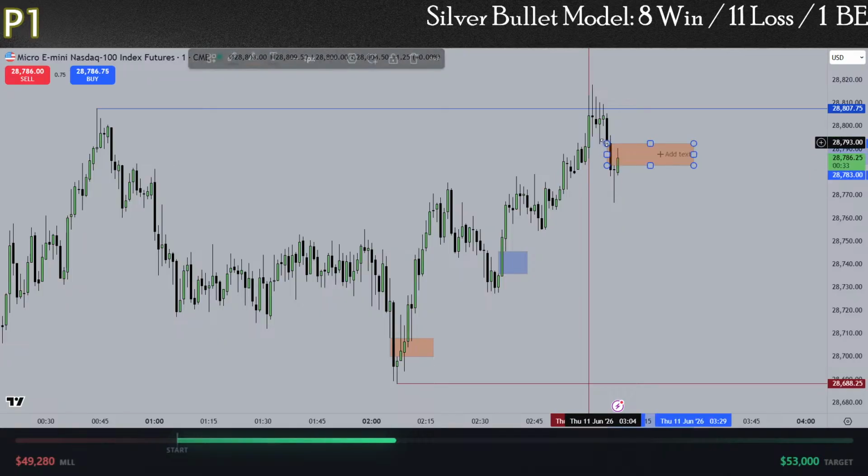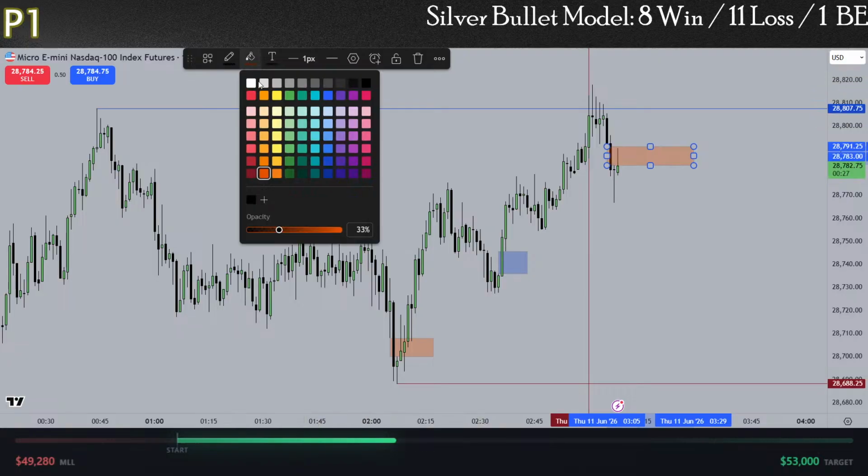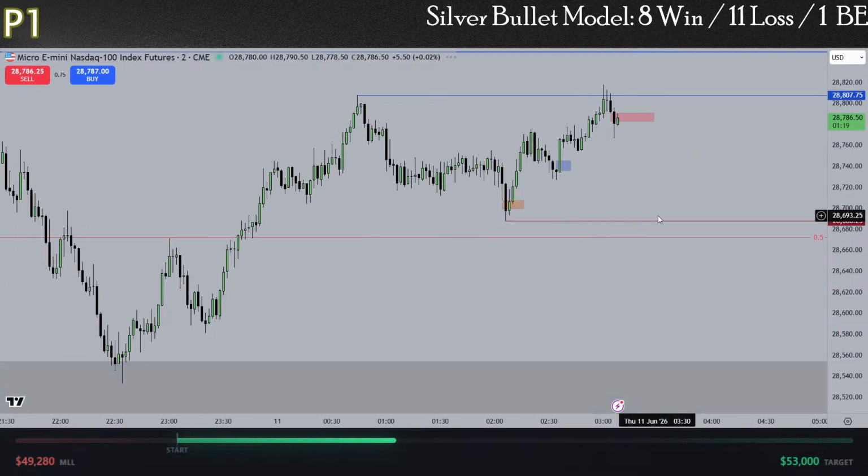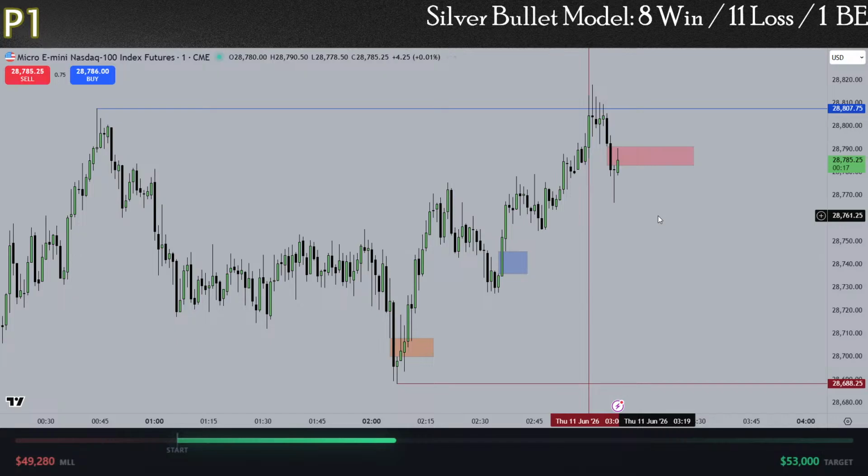So yeah, I'm watching this fair value gap here at 306. That's a bearish fair value gap that at some point could become a potential bullish inversion.